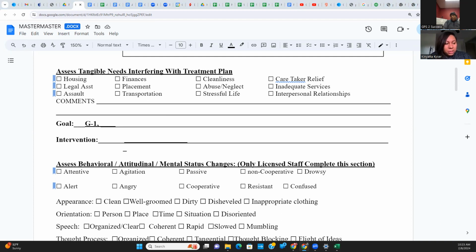Now, you might think you wouldn't need to fill in assess tangible needs interfering with, because this is not interfering with the treatment plan, right? Well, for this client in that example, it is, because if they're supposed to be working on their mental health and they've got housing issues, we have to focus on those housing issues first. So that explains the CPST.